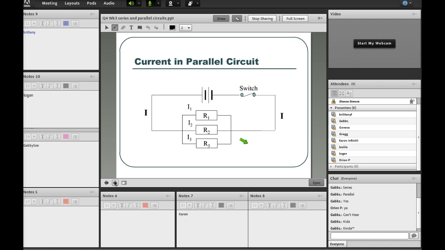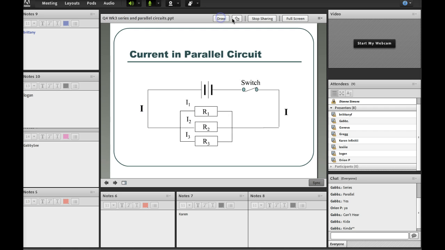Okay. So the difference here is that in parallel, what happens to your current is, I think it's going this way. It's going to come in here and then it's going to branch out 3 ways. So that would mean that it can still go this way, right?